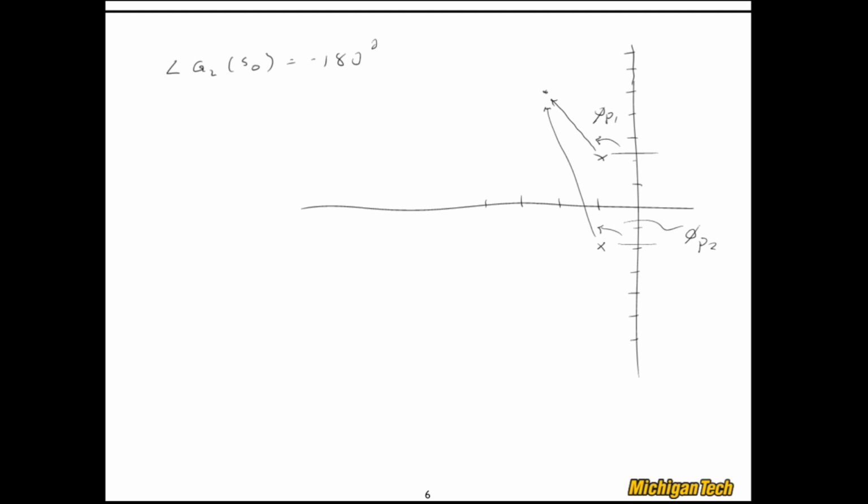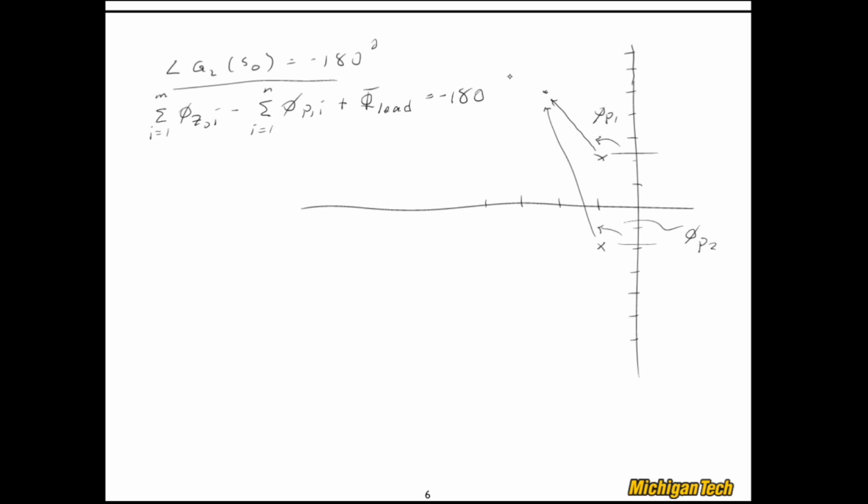Great. Now what I'll do is I'll take this equation and note that what it means is that the sum i equals 1 to m of the phase of all the zeros minus the sum i equals 1 to n of the phase of all the poles, plus a yet to be determined phase lead equals negative 180.